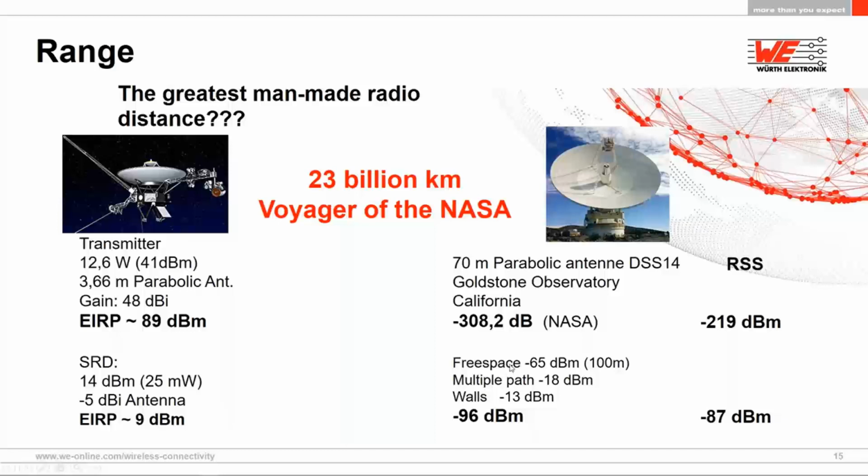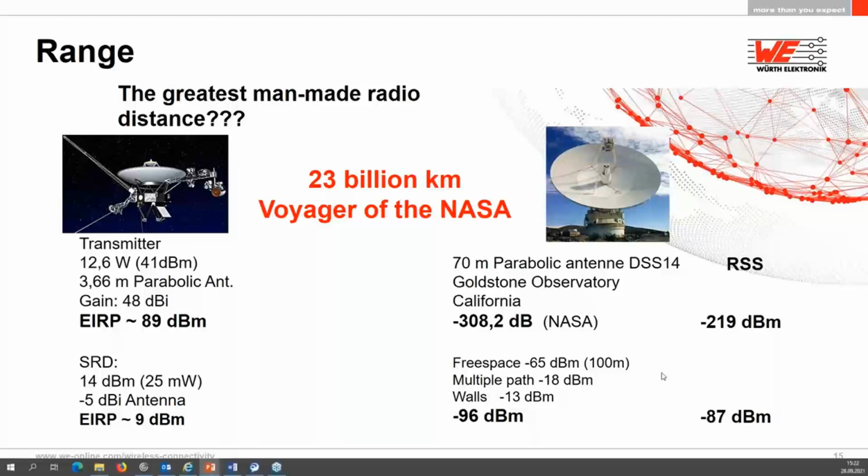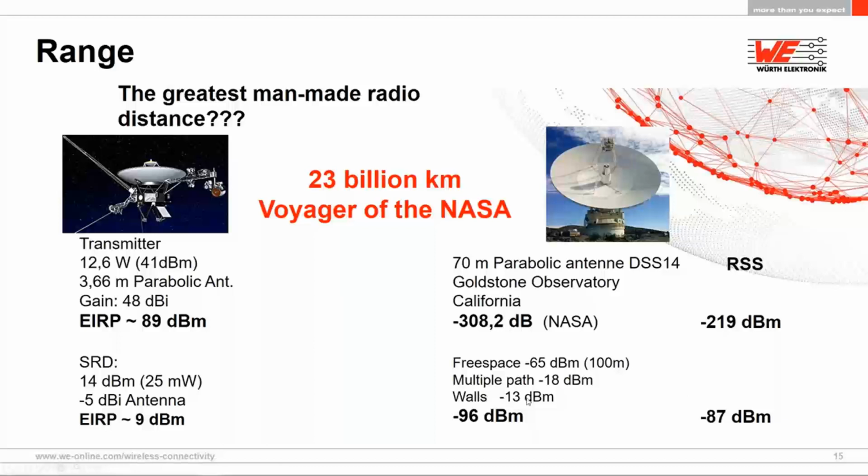And if you look at a roughly 100 to 200 meter range, we have roughly 65 dBm loss, multipath losses of another, say, 18 dBm. So I just estimated these values. I have a few walls in my path here, minus another 13.